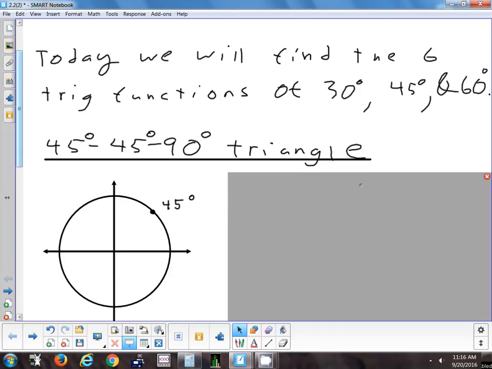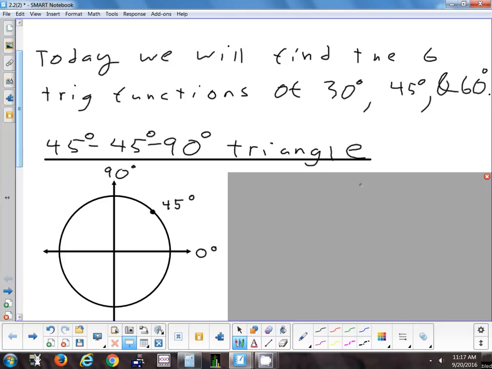All right, so on your unit circle, can somebody remind me again, what's the radius on the unit circle? 1. Okay, I've marked 45 degrees. That's 0. That's 90. So 45 degrees is exactly where between 0 and 90?